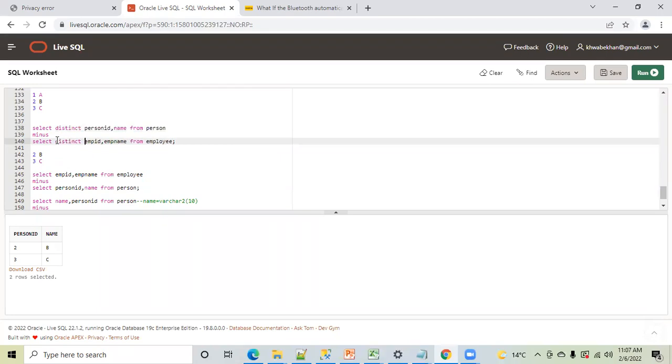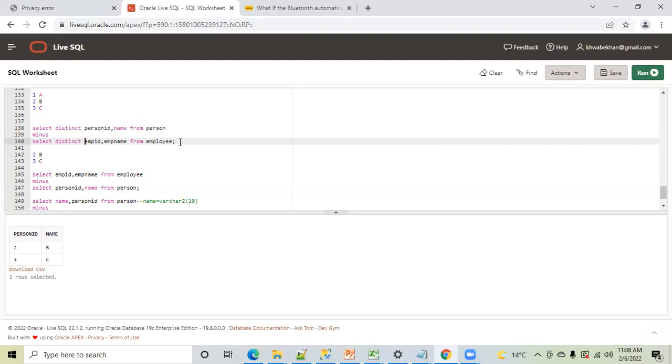This is a very, very good interview question. I used to ask which keyword holds distinct by default. Minus is the keyword which operates distinct by default. So even if you write distinct or not, that doesn't matter.